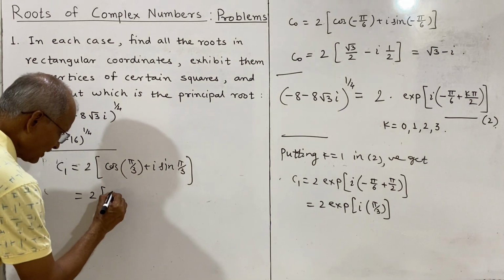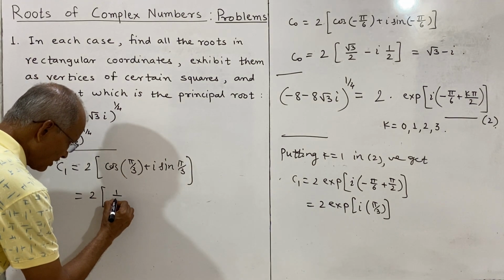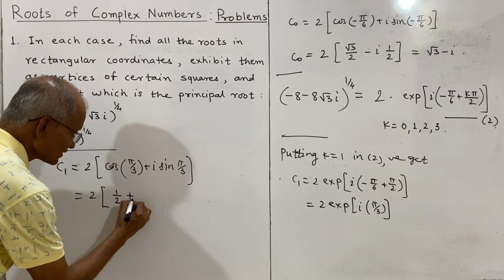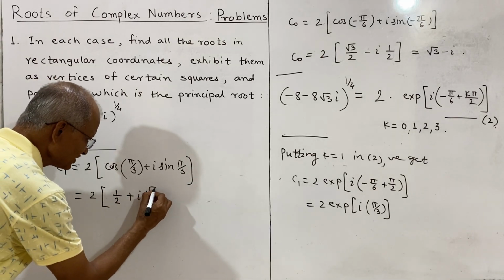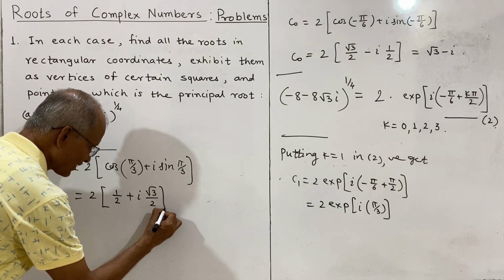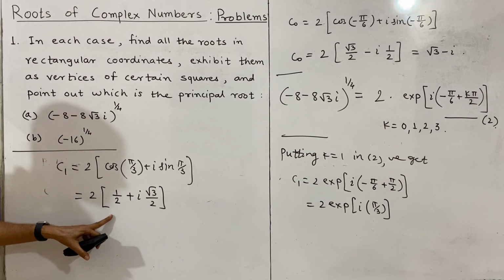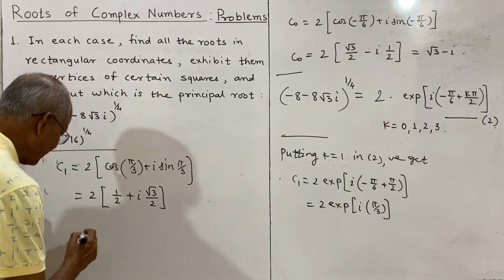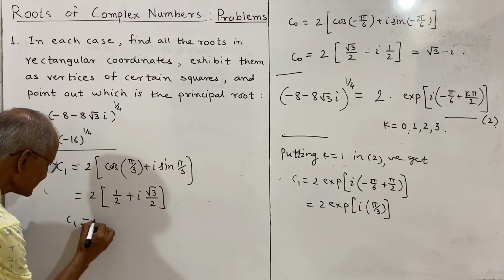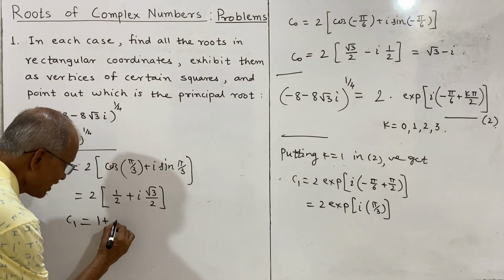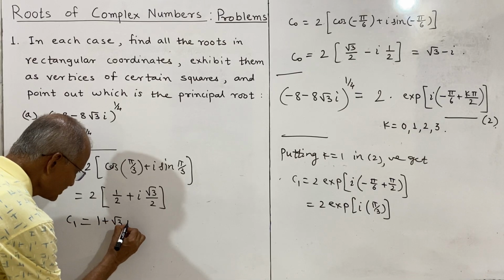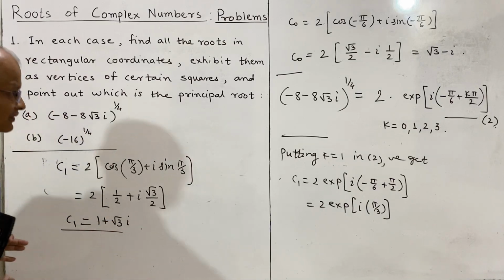Cos 60 is half, and plus I sin 60 is root 3 by 2, and this 2 cancels with the 2 at the denominator, and therefore we get C1 as 1 plus I root 3, or root 3 times I. So this is the value of C1.